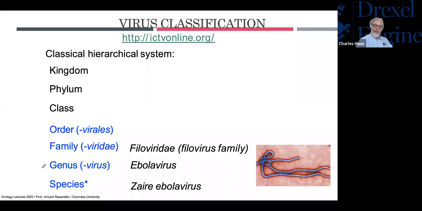This is an illustrative classification for the Ebola virus in the family Filoviridae. Filo meaning filamentous in this case, because Ebola is a filamentous virus, a long hair-like structure. Genus, and then finally species. And the Ebola virus that most recently erupted is called the Zaire Ebola virus.